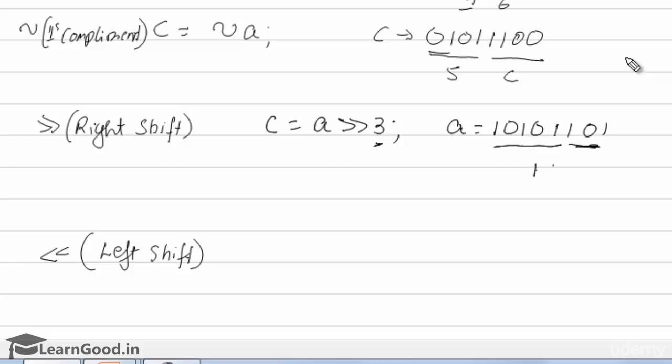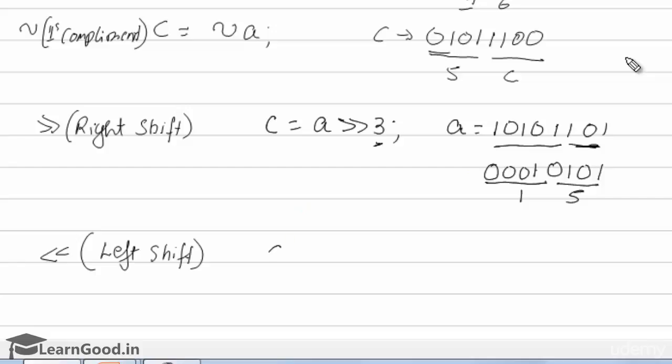Here you'll have 1 0 1 0 1, and it will add 3 zeros because you have shifted. These 3 bits have been truncated, 3 zeros will be added at the left. So you have here 1 2 3 4 5 6 7 8 bits. So the value is going to be 15.